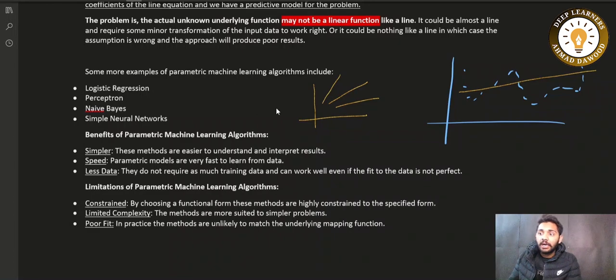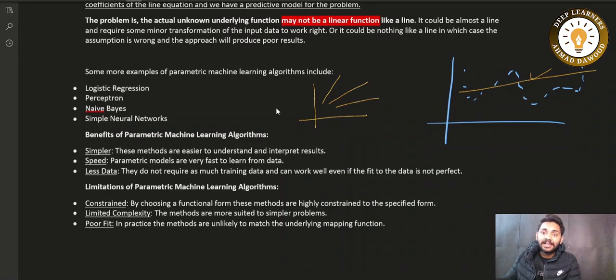Okay, and there are also limitations, like here I have drawn. If your data set actually has a non-linear relation between inputs and output, and you are trying to estimate that non-linear relation by using a linear model, then your model will underfit.